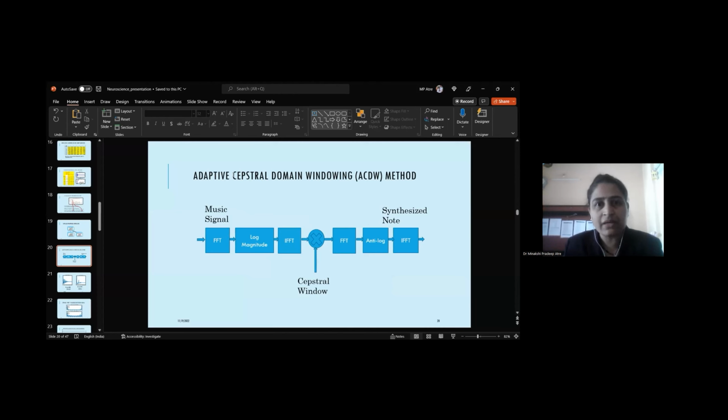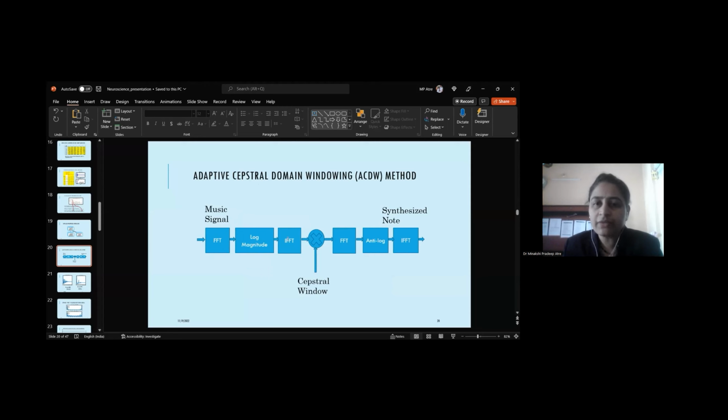This is a patented method that we used in the separation of the excitation signal and the impulse response of the guitar. We took the FFT, that is the fast Fourier transform, of the given music signal. Then we took the log of that, that is the logarithm of the fast Fourier transform values.